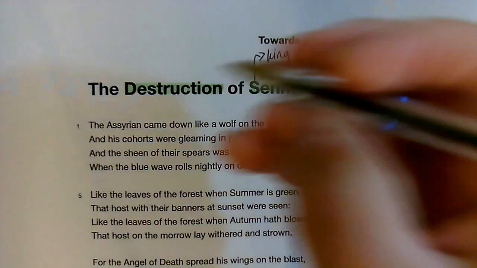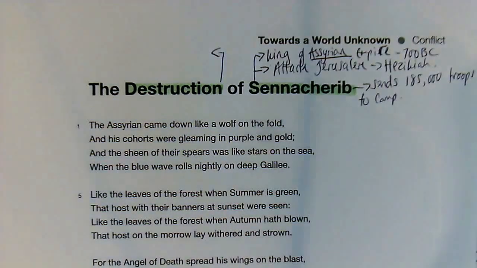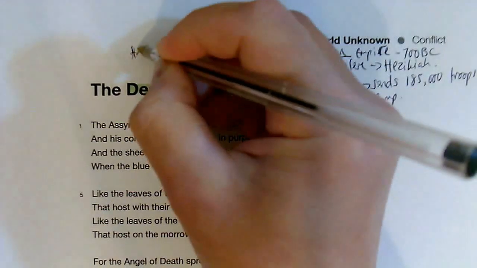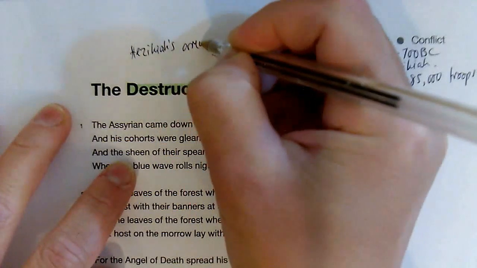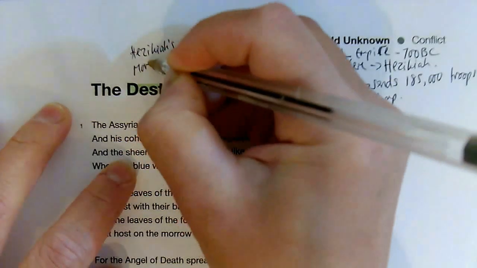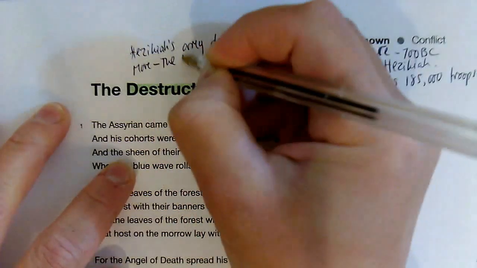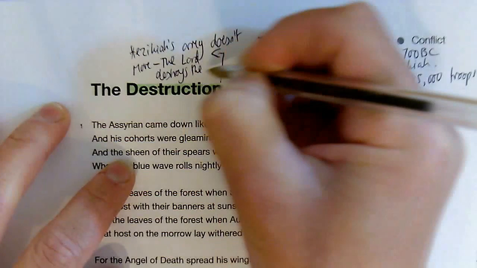But actually what happens in terms of the destruction, Hezekiah's army doesn't have to really move a muscle. Their God, the Lord, destroys the army.